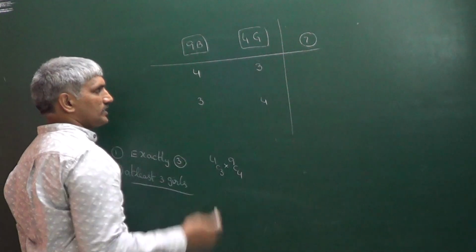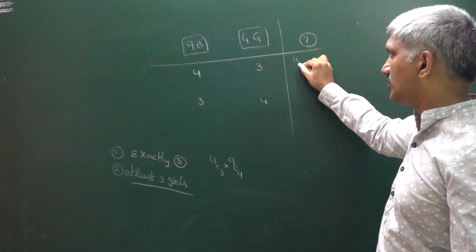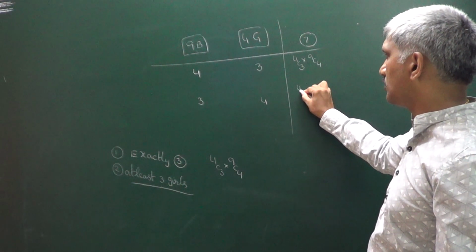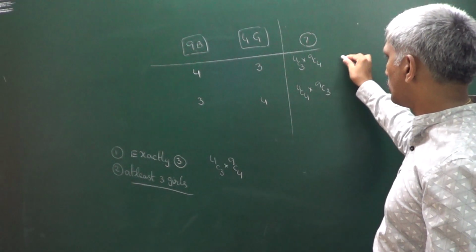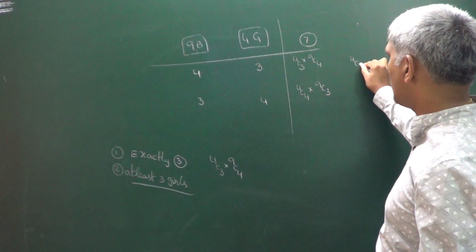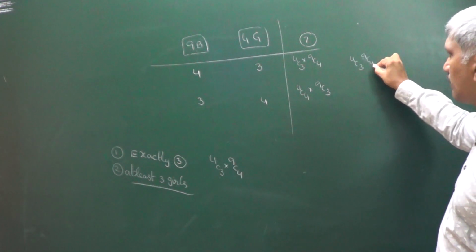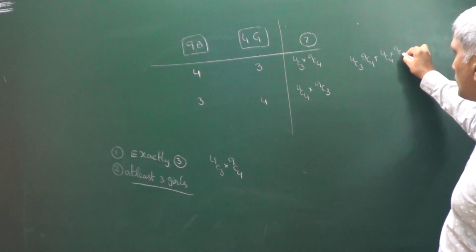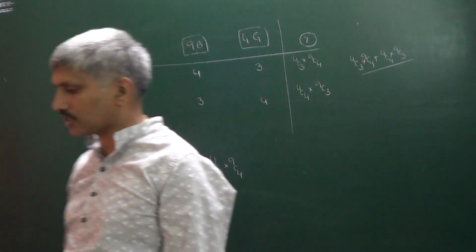In both cases, 7 members are there in the committee. So that can be done in 4C3 into 9C4 is one possibility. The other possibility is 4C4 into 9C3. The sum of these two is the answer. 4C3 into 9C4 plus 4C4 into 9C3 is the answer for at least 3 girls in the committee.